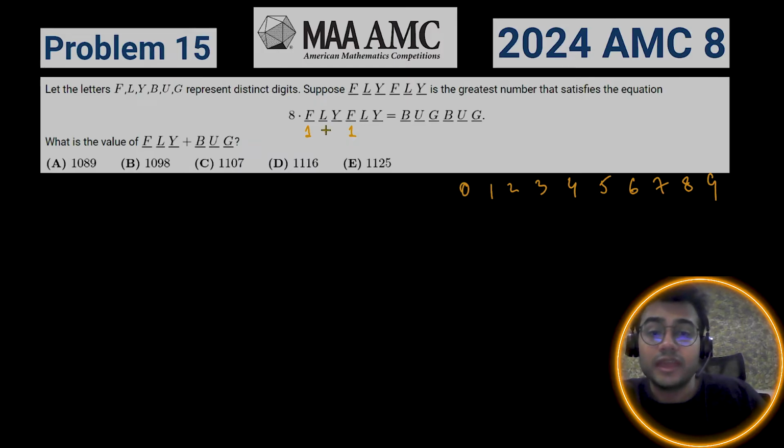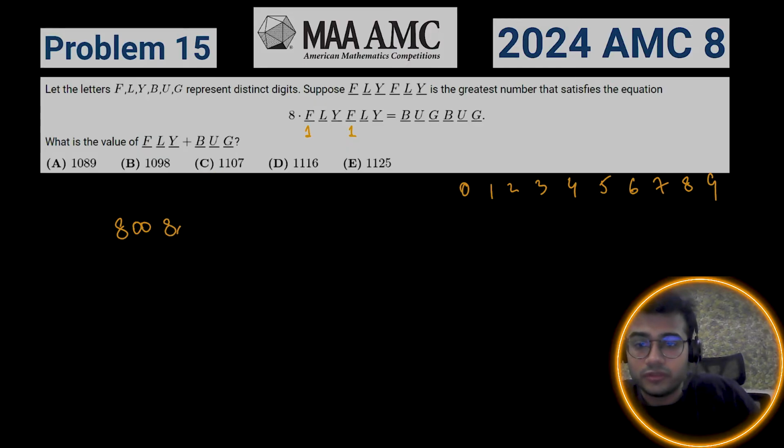the greatest L can be if you do that. So once you have this, the number is now 800. Like the minimum it will be is 800, because the number FLY is going to be 100, and 100 times 8 will be 800.